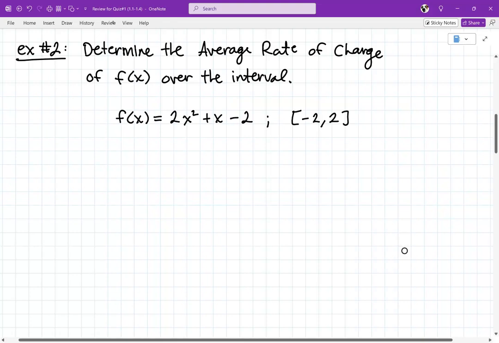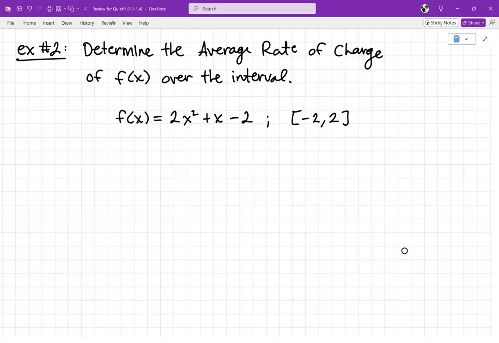So determine the average rate of change of f of x over the interval. Okay? And then they give me the function. They give me an interval, negative 2 to 2. Here is how you do these, okay? The AROC. The formula for average rate of change is f of b minus f of a over b minus a.